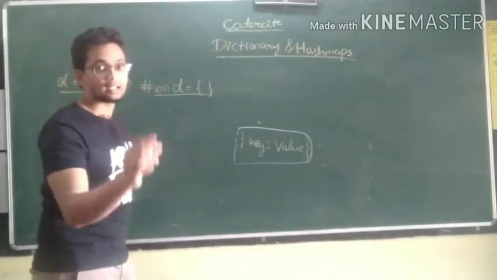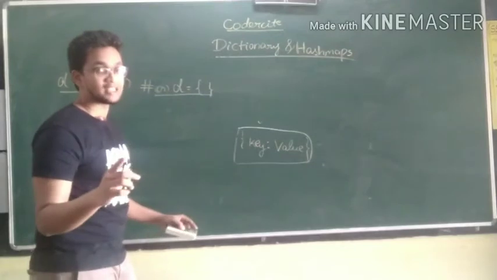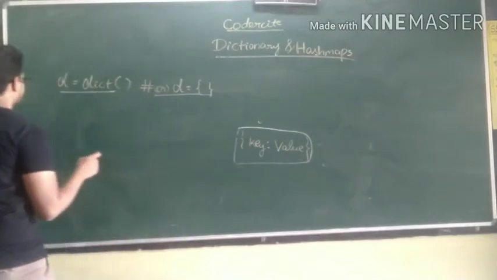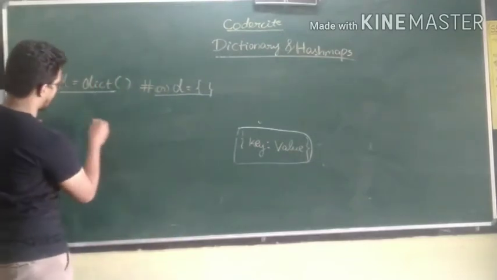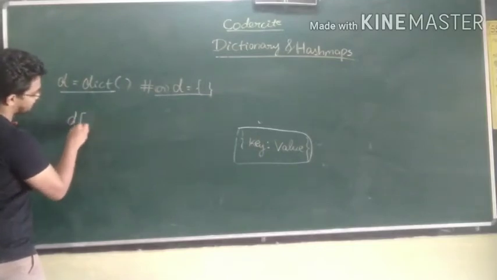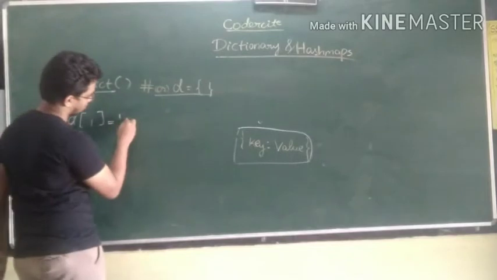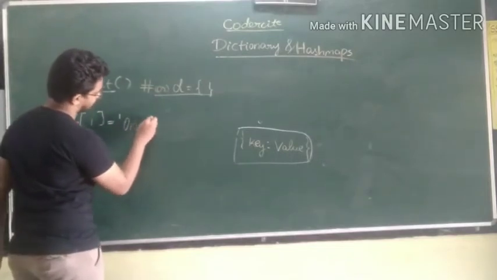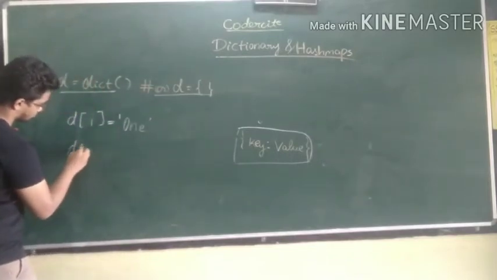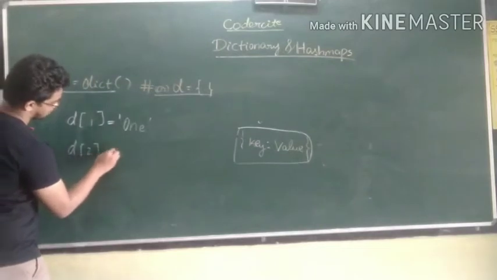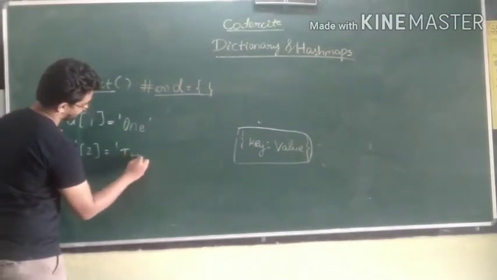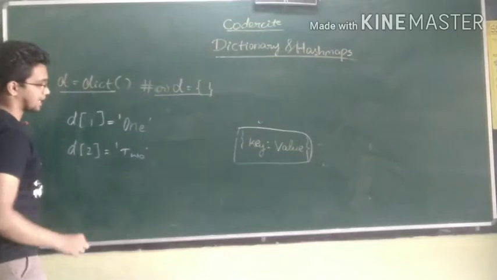If you want to teach your child that number 1 is represented in English alphabet as O-N-E, then you will add D of 1 as ONE, and D of 2 as TWO.